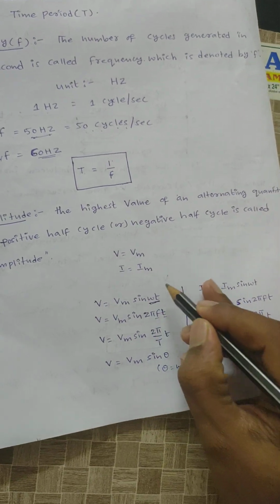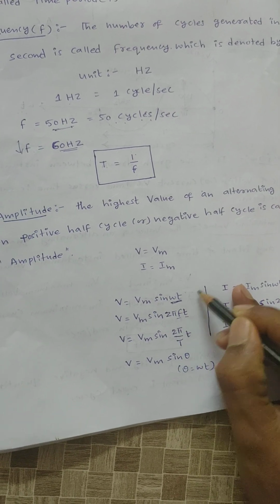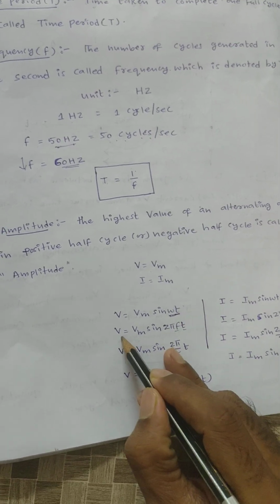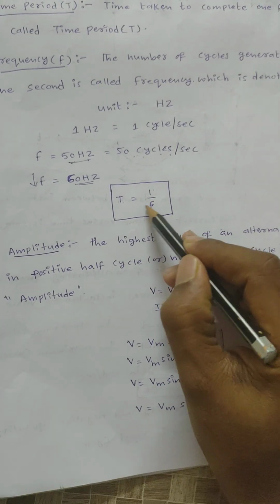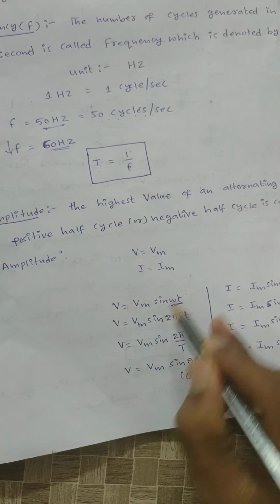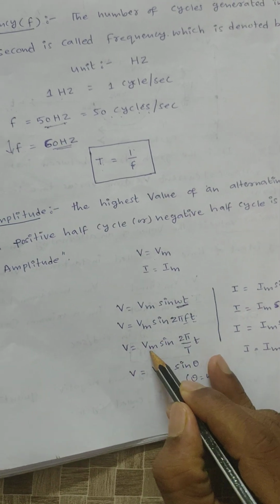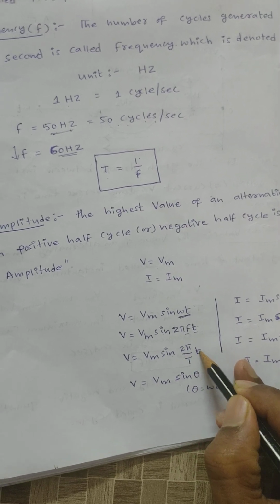From the instantaneous value of voltage, V is equal to Vm sin omega t. Already we know that omega value will be 2 pi f, that is V is equal to Vm sin 2 pi f into t. Already we know that T is equal to 1 by f or f is equal to 1 by T. Then this equation can be written as V is equal to Vm sin 2 pi by T, capital T, into small t.